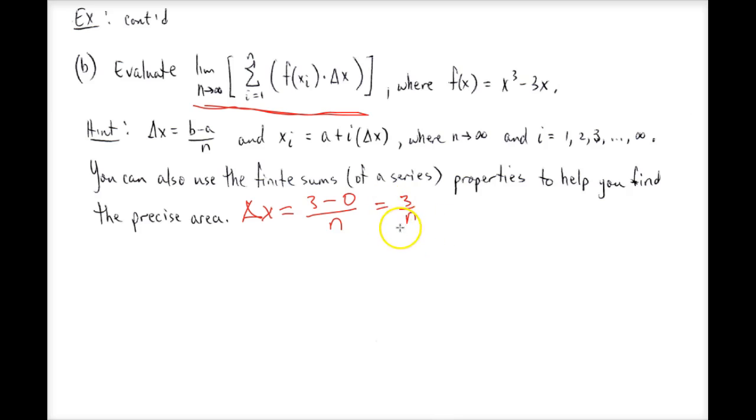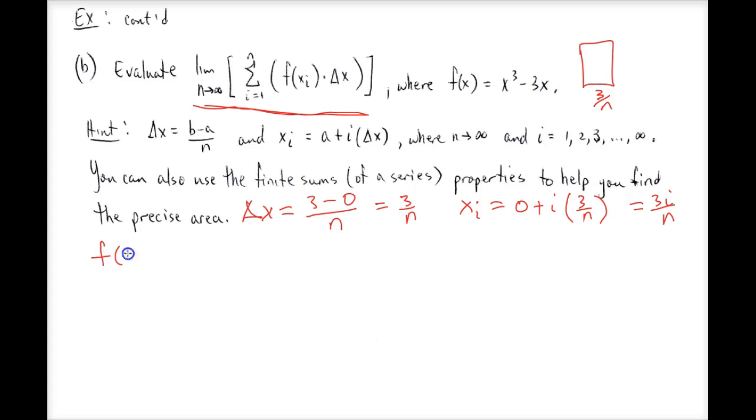So the width of our rectangles now will be 3 divided by n. And the height would be whatever our function is evaluated at x sub i. And our x sub i starts at 0 plus i times delta x, which is 3 over n.